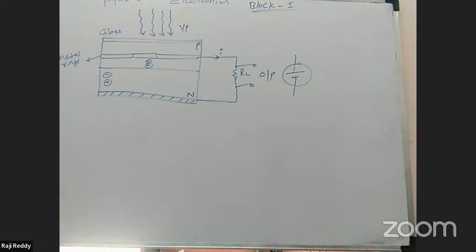Now you can observe the story. When light is allowed to fall, or incident, on the PN junction diode, on the top surface of the P region, it crosses the glass slab.